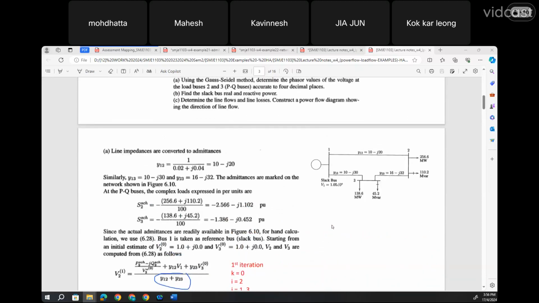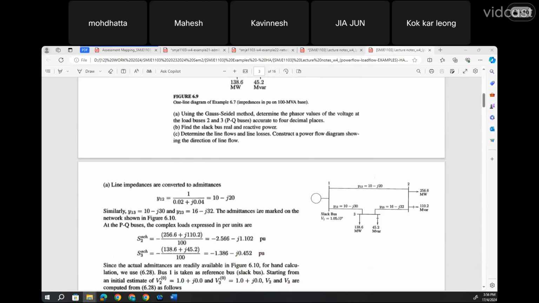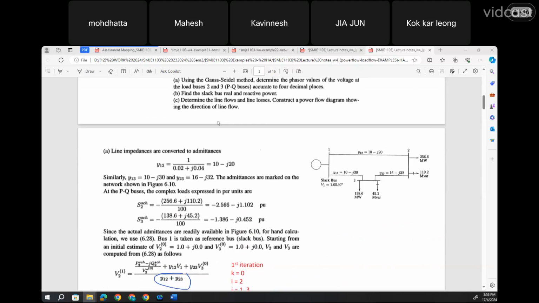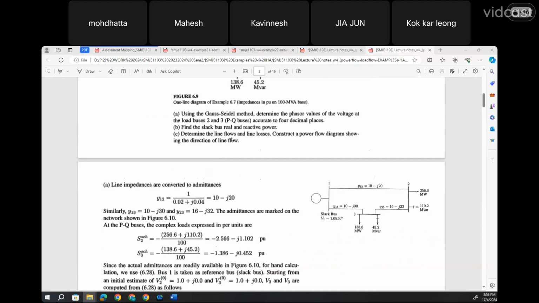And looking at the solution, the first part will be solving using the Gauss-Seidel method, and as I mentioned earlier, for the Gauss-Seidel method, our objective is to find the voltage at other buses. In this case, the voltage at bus number 1 or the slack bus is given as 1.05, and we need to find the voltage at the 2 other buses over here and also over here.